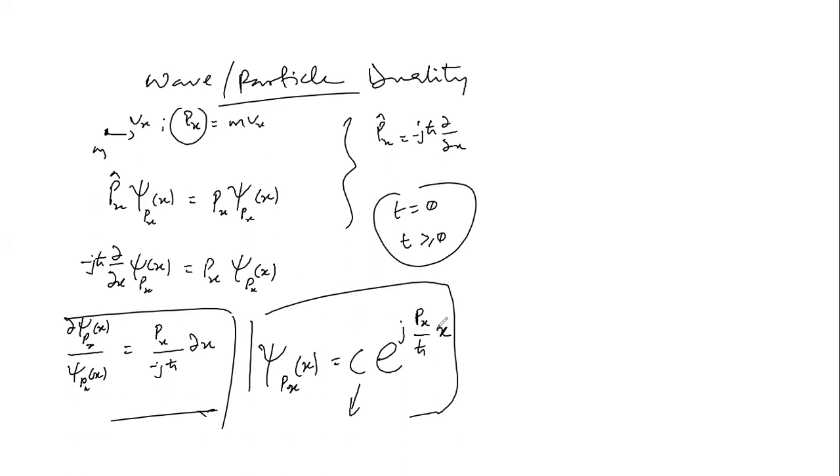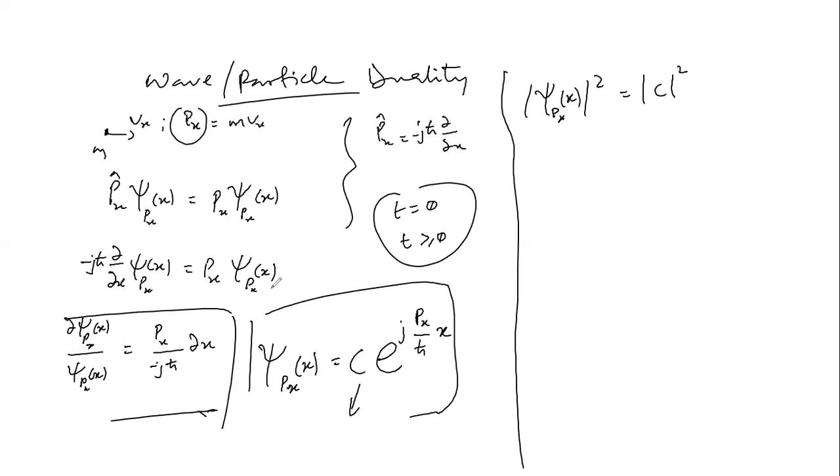Now, if that is clear, then the probability density function, the PDF, which is the same as the mod of psi p sub s of x all squared, is going to give us the mod of the constant, okay?